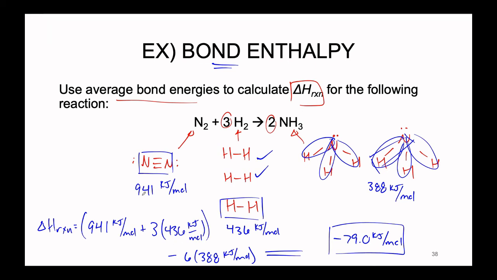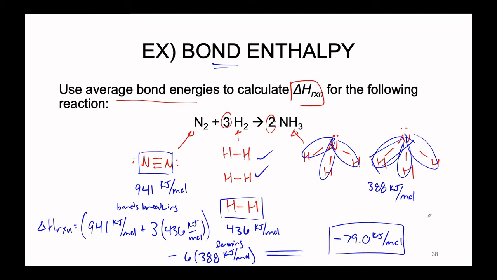So long as you're plugging in the values for bonds breaking on the left-hand side, because this is an amount of energy we need to put in, versus bonds forming at the end, the negative sign that is explicitly in the equation will take care of the sign of the energy needing to be released. Okay, that's cool. So we now have a bond enthalpy of negative 79 kilojoules per mole.